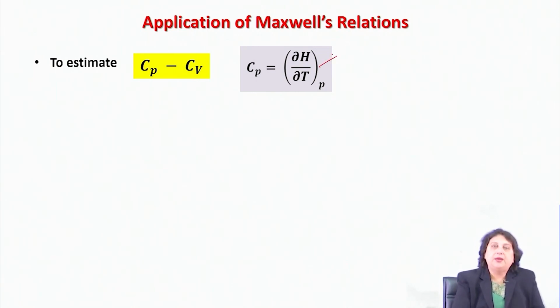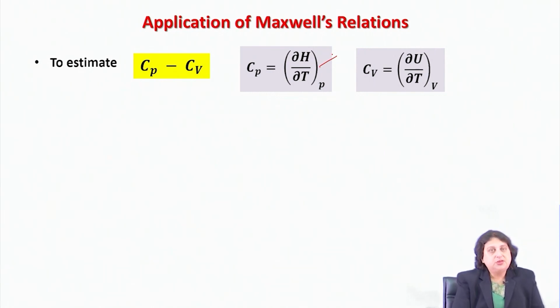So if I am heating a system under isobaric condition, then the rate at which the enthalpy of the system changes with respect to temperature defines Cp. Similarly, Cv corresponds to the rate of change of internal energy when the system is heated under isochoric conditions.